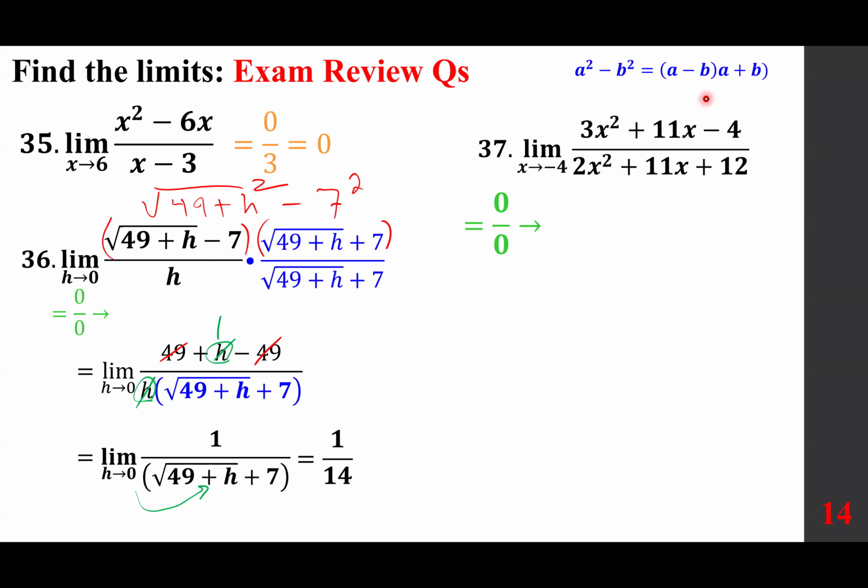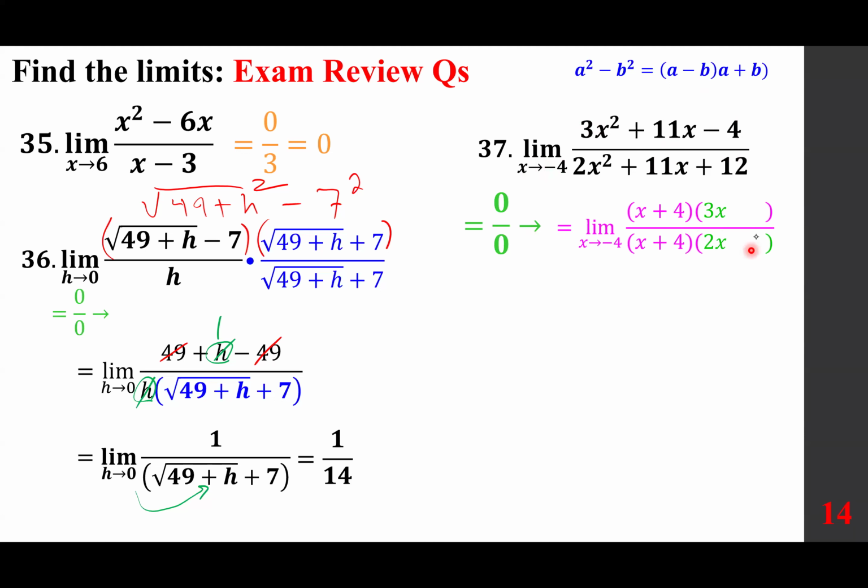Number two, if x is approaching negative 4, then it has to have a factor of x plus 4 in the denominator to give us the 0. It happens to be the same thing for the top. And so all you have to do, if you divide negative 4 by 4, that means you need negative 1.